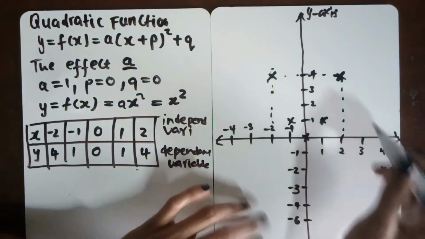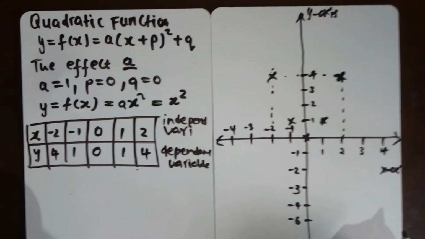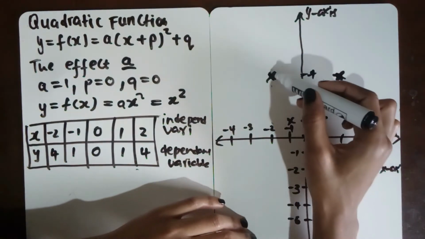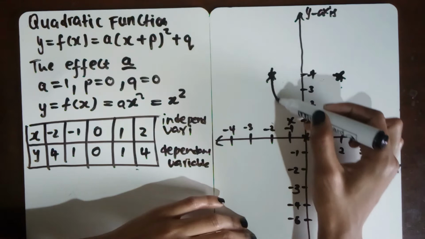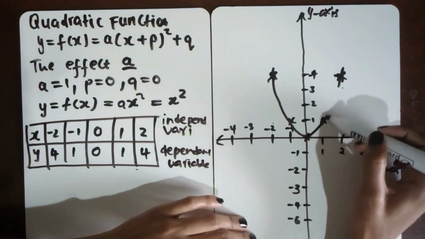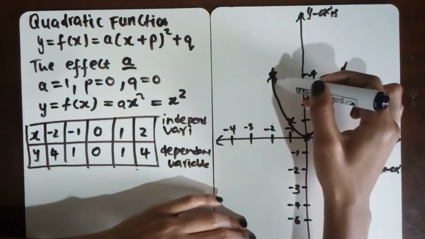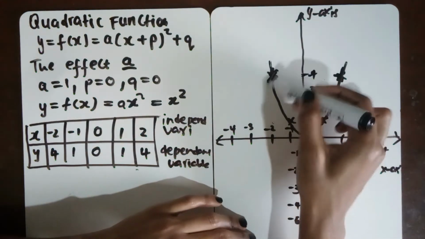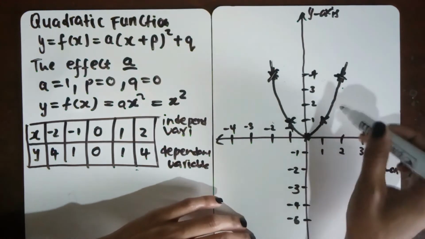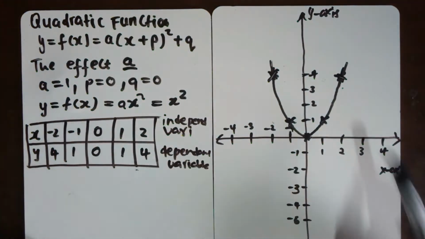Let me just remove the dotted lines. So there we are, there are our coordinates. If we draw a line through them, this is the shape you're going to get, right? So you draw your line through these points, and this is actually the shape of what we call a quadratic function.